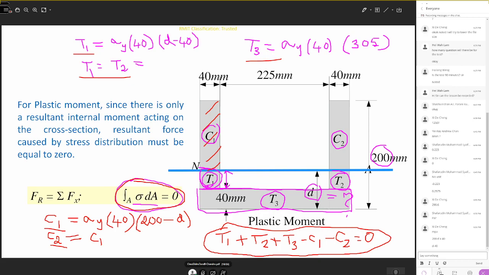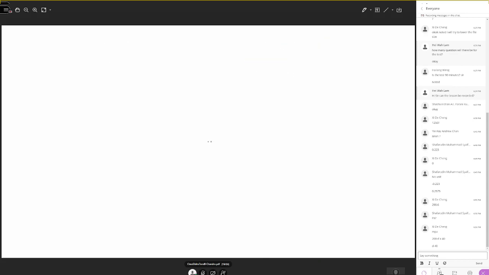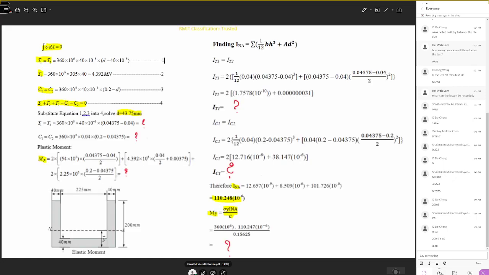Guys, take some time and calculate. Okay, so I'll show you here. This is what we are doing. Tension 1 is tension 2, and then tension 3. Sigma y is replaced with 360 megapascals.